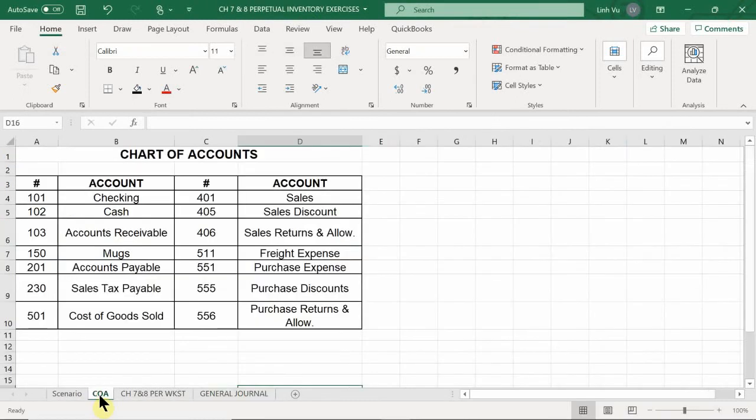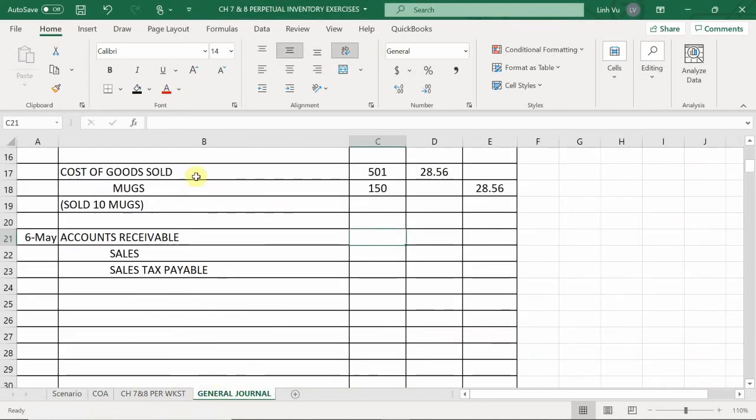Let's see, accounts receivable is account number 103. Then we have sales, which is 401, and then sales tax payable, which is 230. Same thing here, except what's my calculation going to be?